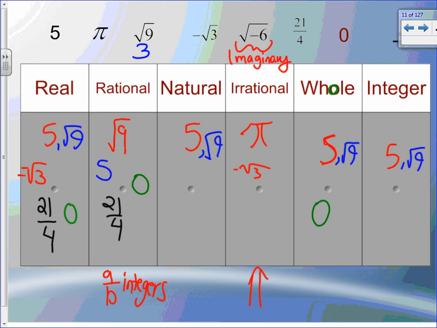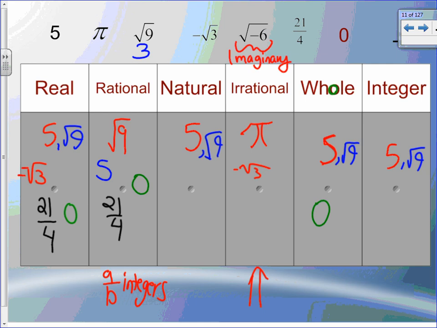Again, be careful with this on the number line definition. For integer, I really want you to say it's a positive or negative whole number. But a whole number includes the zero.